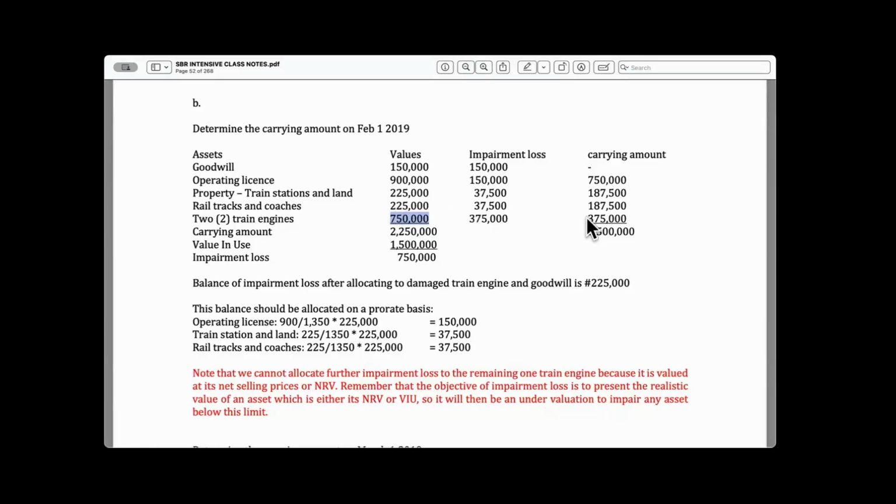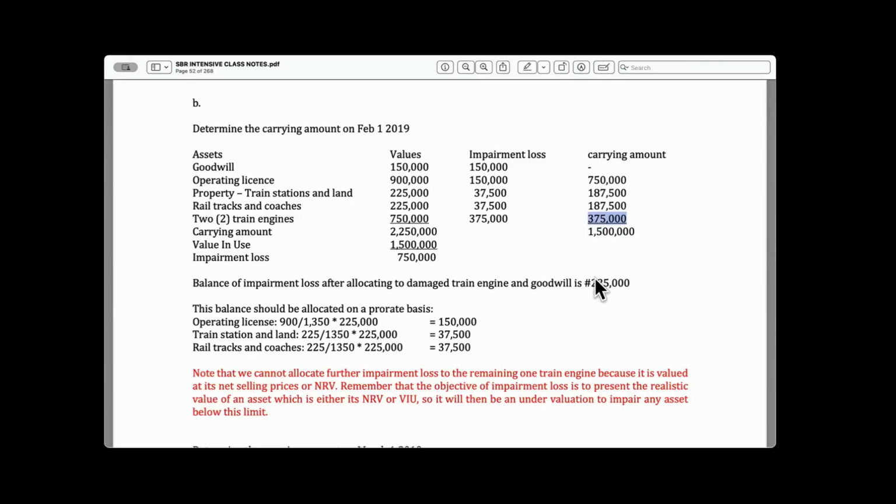That is why I didn't allocate to the remaining train engine or impair it any further. Its carrying amount is its net realizable value because that represents its recoverable amount. I cannot impair an asset below its recoverable amount.